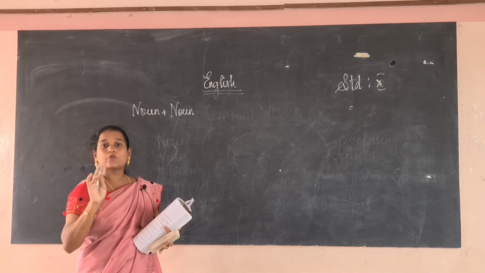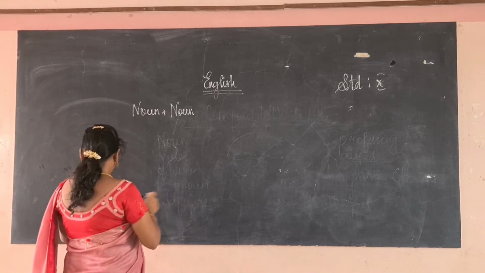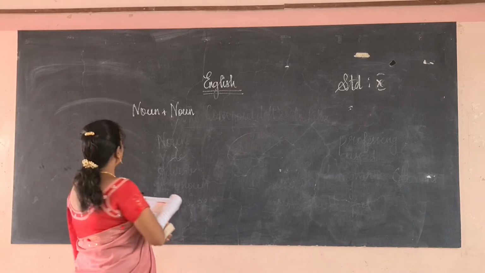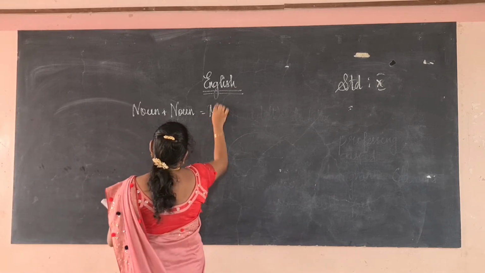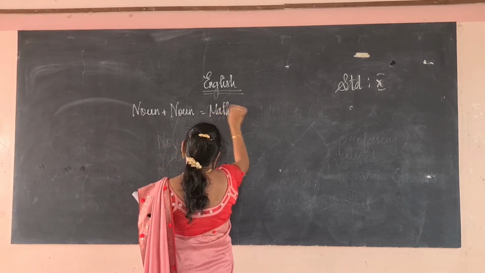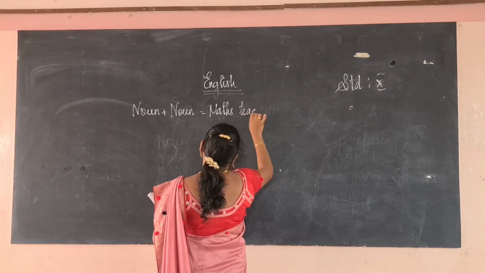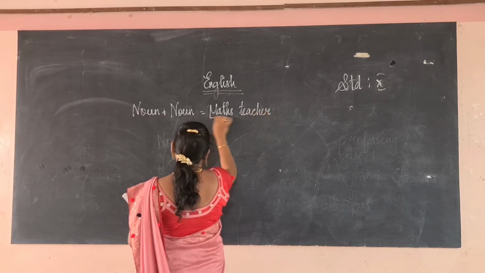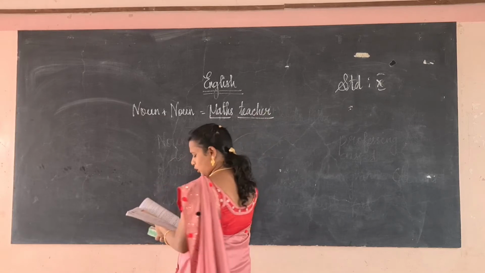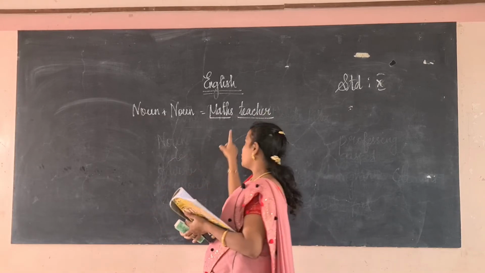We have to combine 2 naming words. They have given kitchen garden. As I said, we can write Max teacher or postman. Max is a noun and teacher is a noun. So we have noun plus noun.